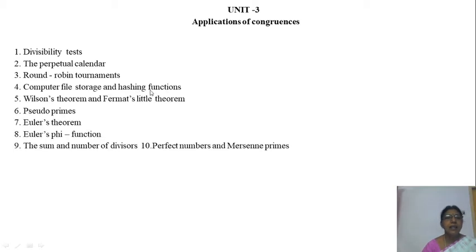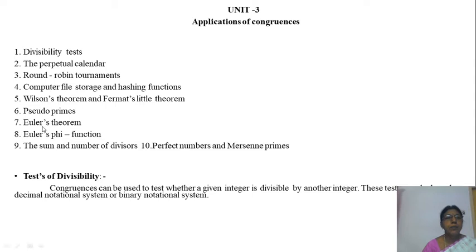Fourth one is computer file storage and hashing functions. And the fifth one is Wilson's theorem and Fermat's little theorem. Next, pseudo primes, Euler's theorem, Euler's phi function, and the ninth one is the sum and number of divisors. And the last topic of this unit is perfect numbers and Mersenne primes.